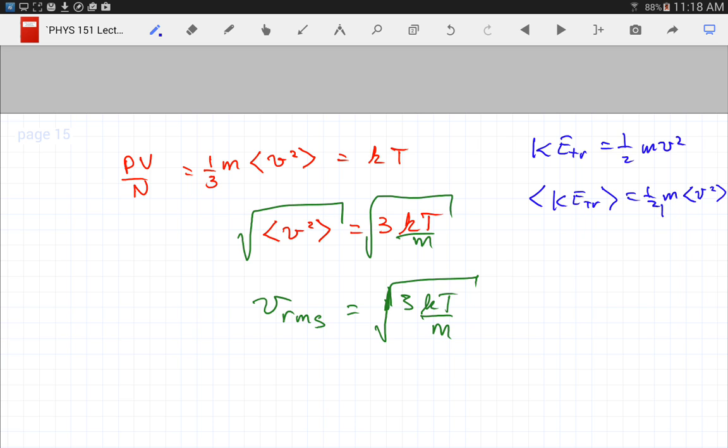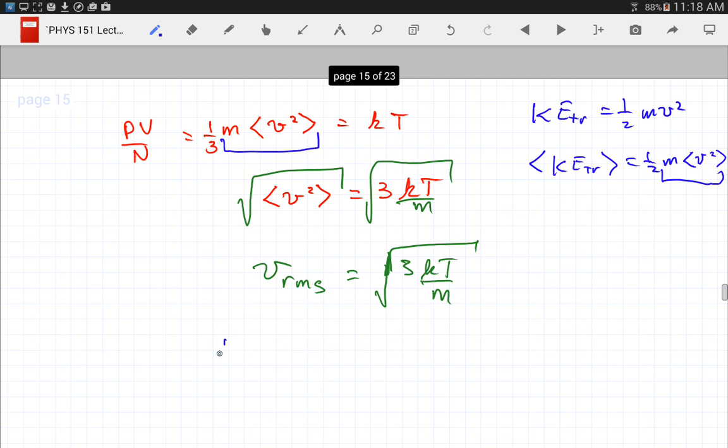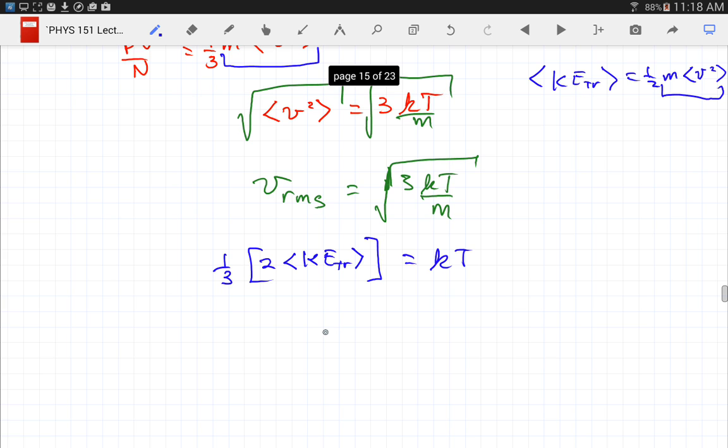So I can take this and replace that right there, so I would have 1/3. Notice there's a 1/2 there, so I have to multiply the 2 across to get mv squared by itself, 2 times the average translational kinetic energy. So that means average translational kinetic energy is equal to 3/2 kT.